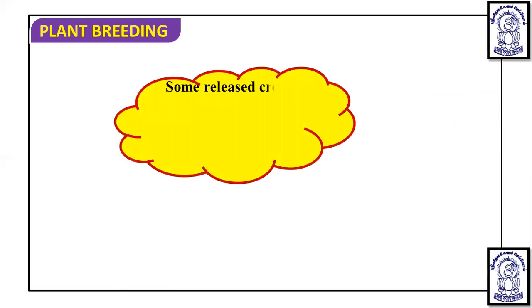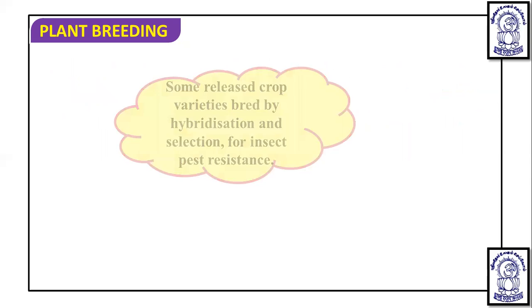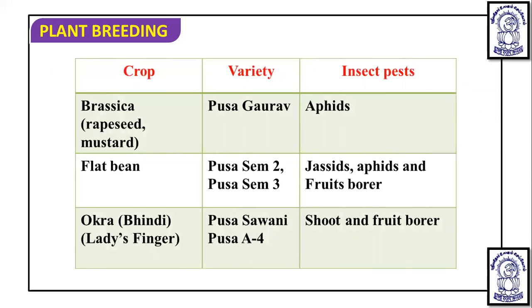Now, some released crop varieties are known that were bred by hybridization and selection for insect and pest resistance. We need to remember such examples. Here are some crops, their varieties, and their insect pests.